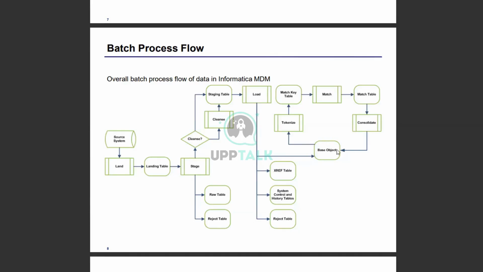Once the data is in the base object, we go ahead and do a match and merge. Every time, the data goes into the tokenization format. The tokenization will be done. The match key, match process and match table, all these things will happen, and the data will finally get merged with all the duplicates or similar records.